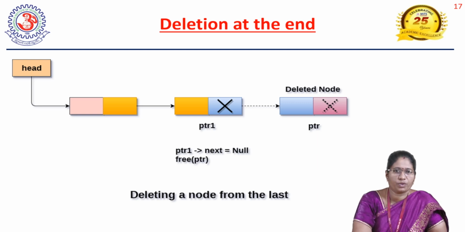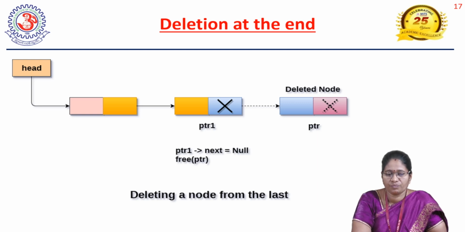So what I am going to do, you have to make it pointer one dot next. It means that the node before your deletion node, you have to make its reference pointer null. That you have to do. If you make it null, automatically your existing node will be deleted, automatically it will disconnect from your list.